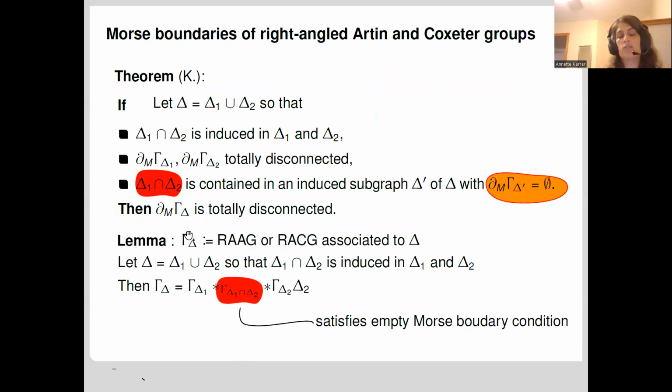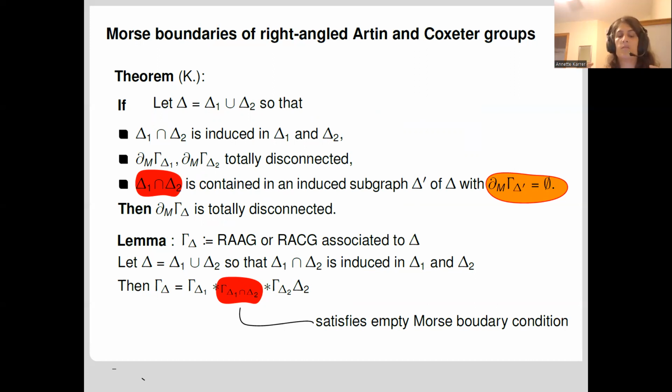And now in the last talk, we studied this theorem here, which says that if we have such a nice graph decomposition, and if we start with two groups with totally disconnected Morse boundary, and if the intersection graph is contained in an induced subgraph that is prime, corresponding to a group with empty Morse boundary, then the resulting group has totally disconnected Morse boundary.